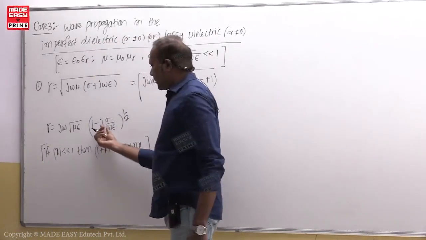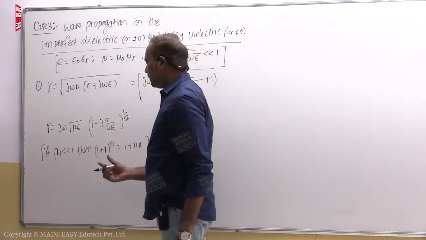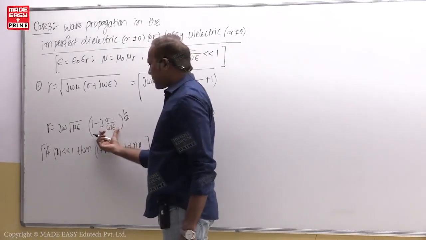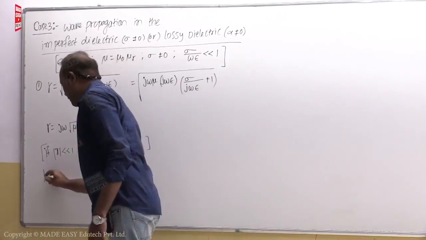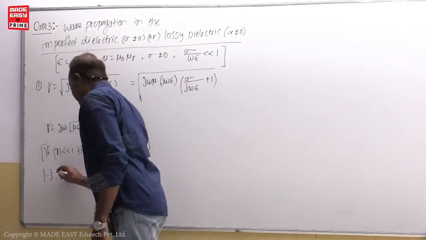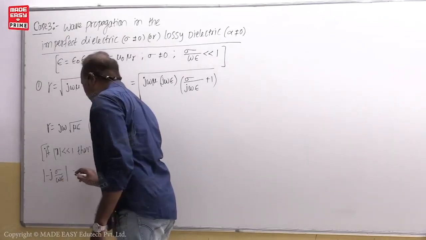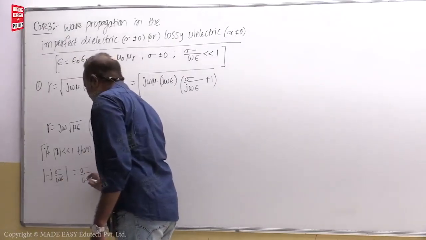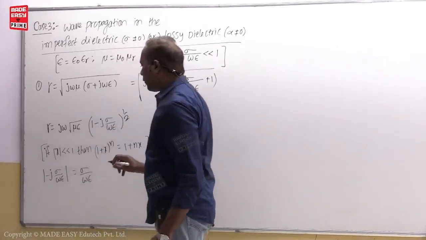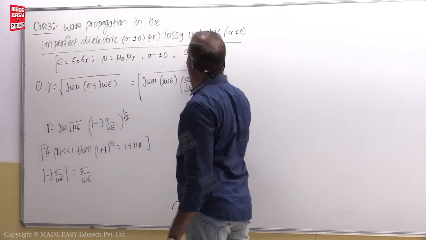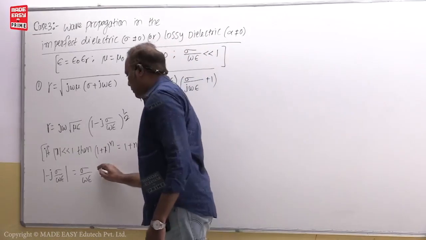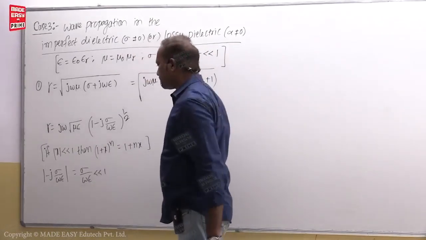Here let us take this as x. If I take this as x, then what is the modulus of that? Minus j sigma by omega epsilon, that is nothing but sigma by omega epsilon. And for dielectric medium, this value is much less than 1.